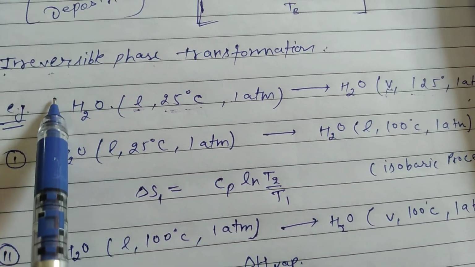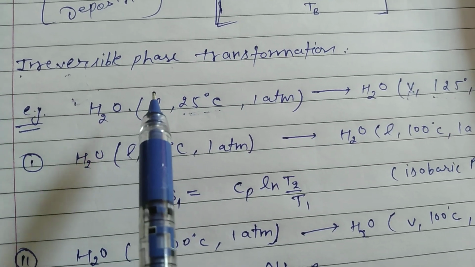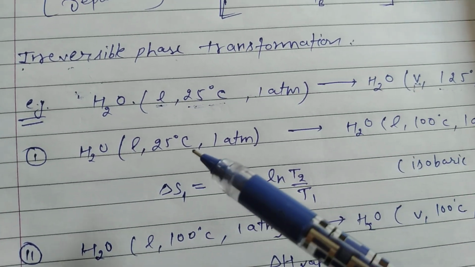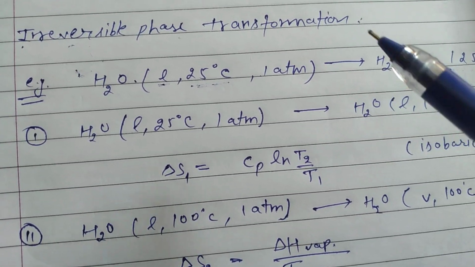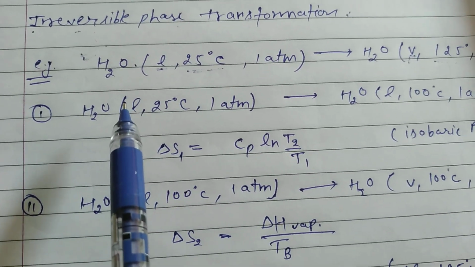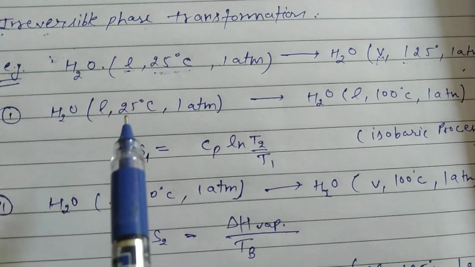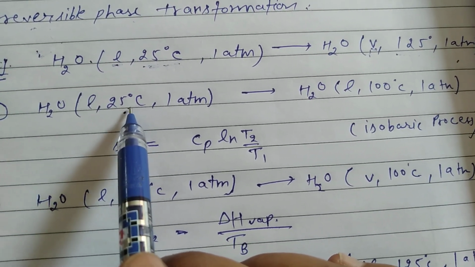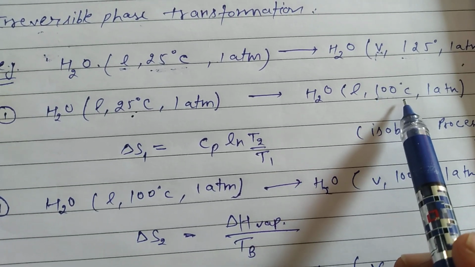So this problem has a total of three reversible steps, and to get the total change we have to add all those three reversible processes. So the first step in this type of problem is that we have to change the temperature of the system up to where the reversible phase transformation can take place.